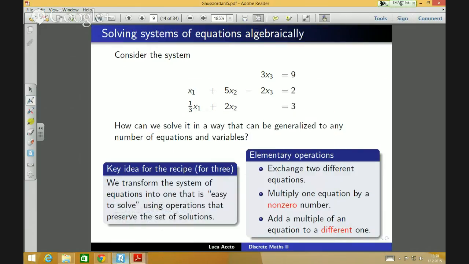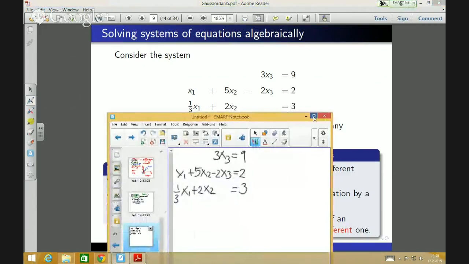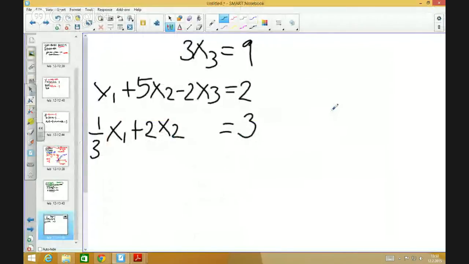So let's turn this into a system of equations which is easy to solve. And I'll do some steps just because they are the steps that people do when they are using matrices.